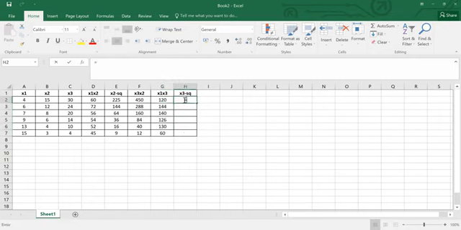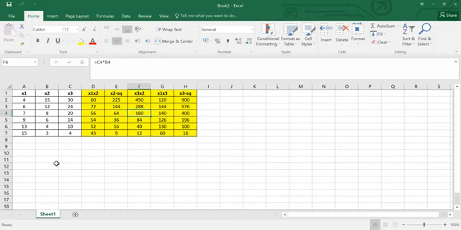Finally, I need this one squared. So these are the values that you should compute in an exam setting. You need to have that table.